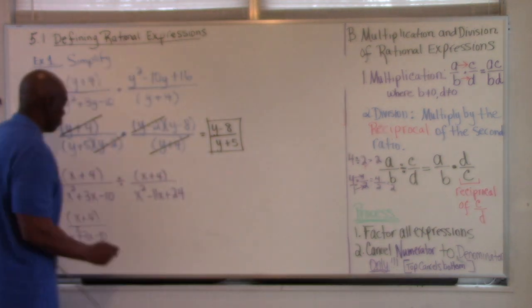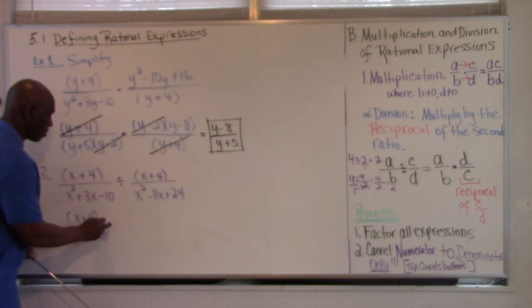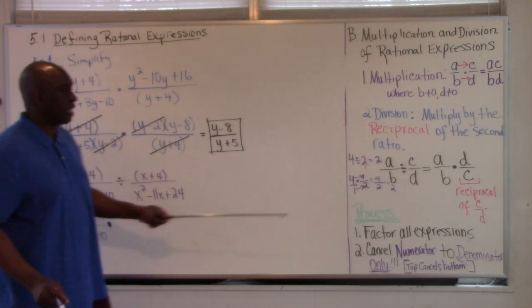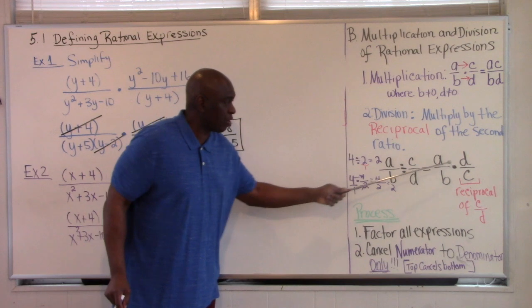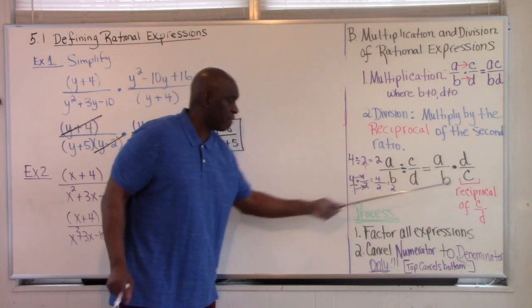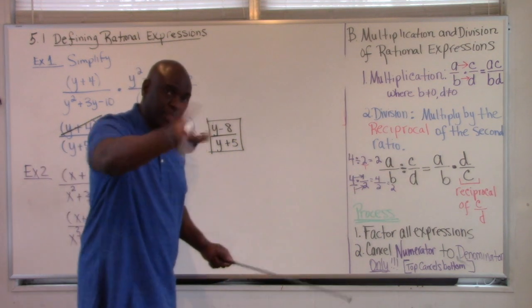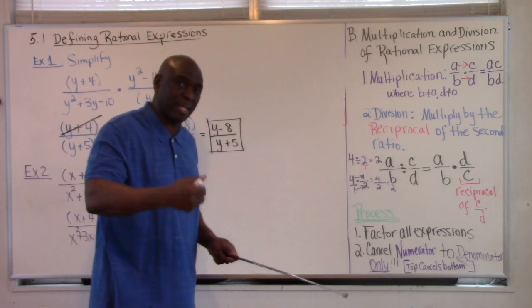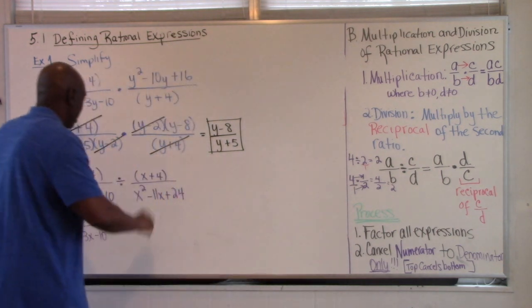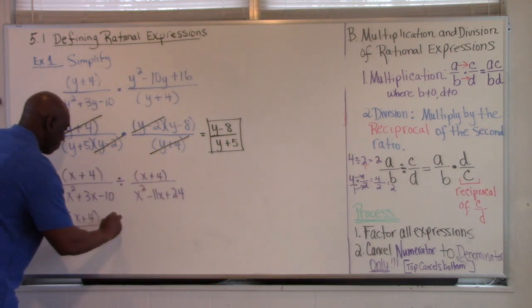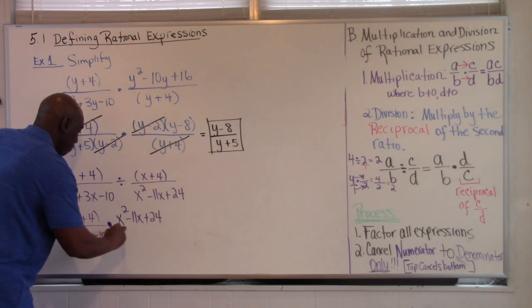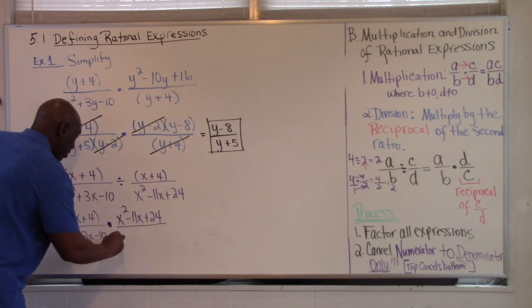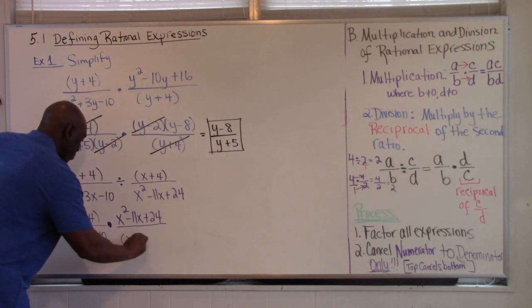So now it's going to be times, and you have to take the reciprocal of C divided by D, which is going to be D divided by C. So flip it. Like you flip your flapjacks. Flip it. So we're going to have x squared minus 11x plus 24 all over x plus 4.